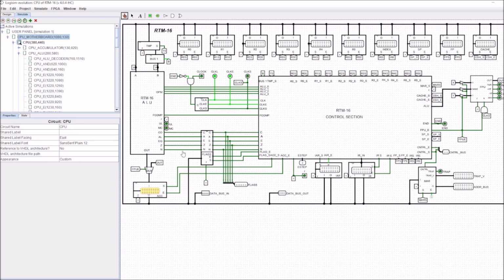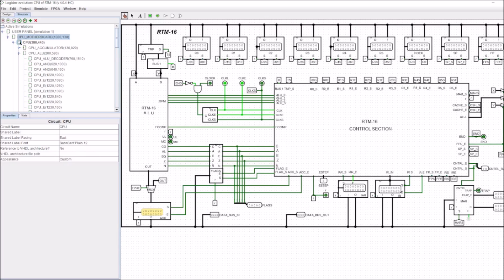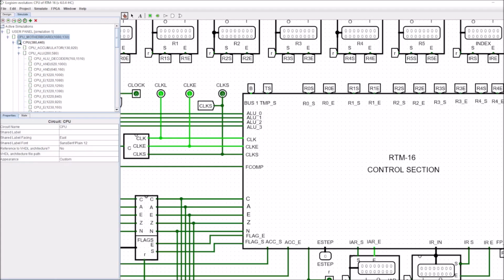So within our CPU we've got our ALU, all of our registers, accumulator, instruction address register, instruction register, and a memory address register, and the clock signals here, and the whole control unit. So what we've done is we've stuck this extra block here and it's called the floating point unit. I'll zoom in a bit so that you can see it a little bit better.